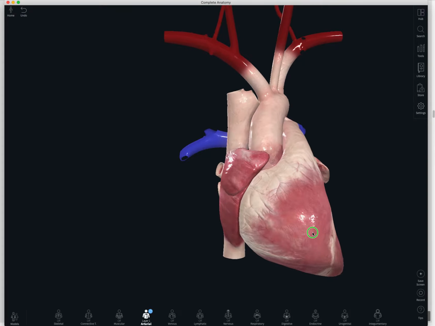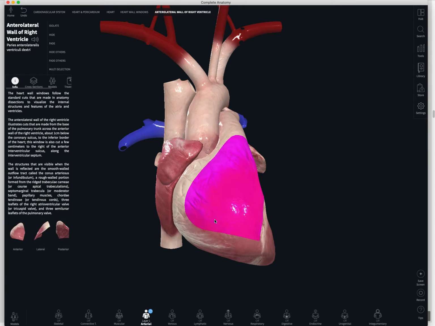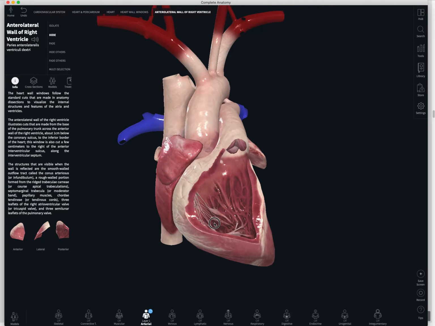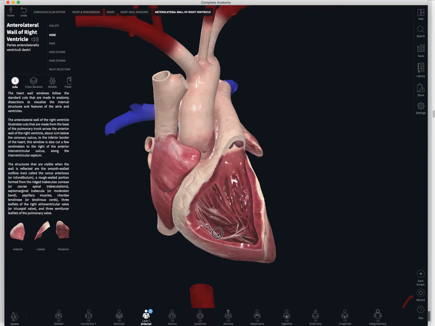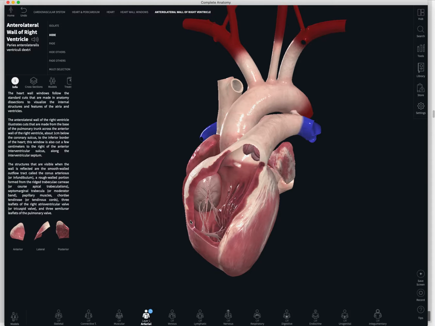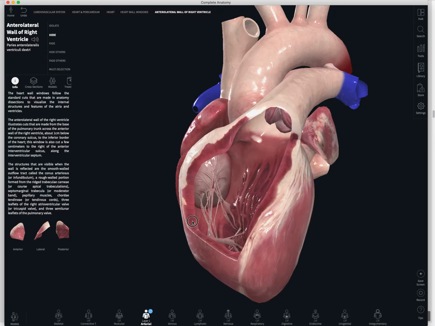Now we're looking at the most anterior chamber, which is the right ventricle. We're going to take a piece off its wall and look at it inside. So this is your right ventricle. Notice that it's got two valves, one that separates it from the right atrium, and one that separates it from the pulmonary trunk.